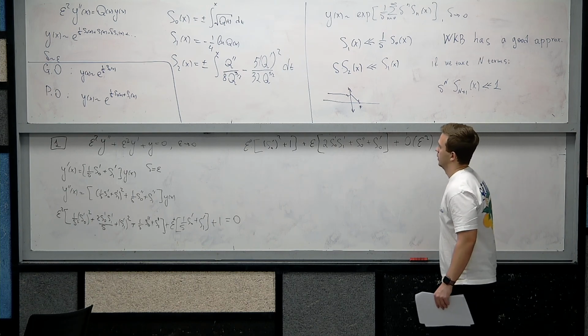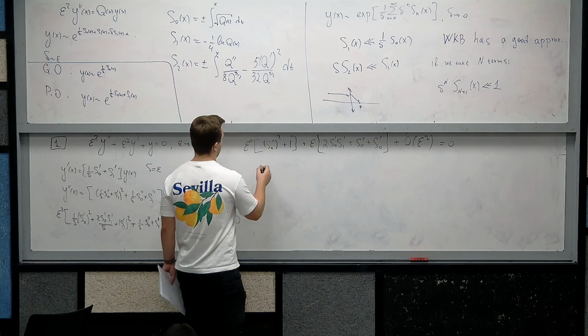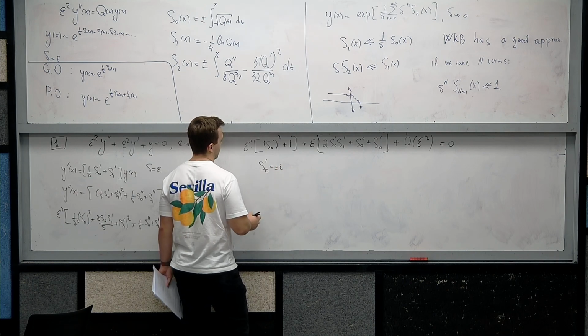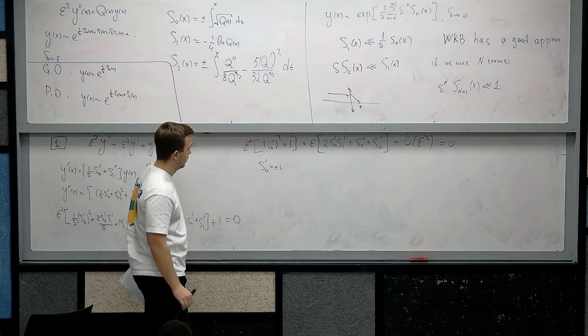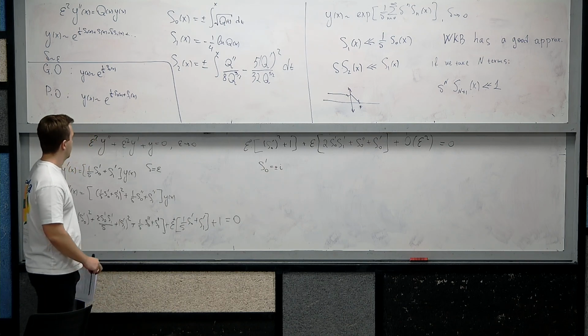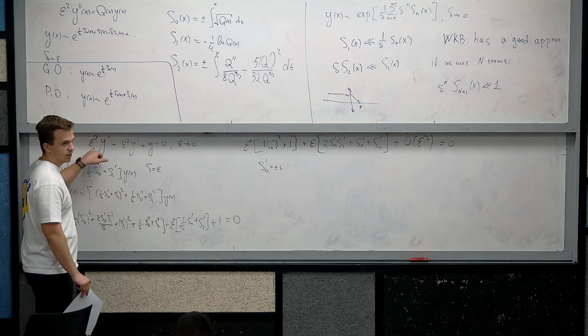Now we have to solve two equations. The first one is S naught prime equals plus minus i. In the WKB solutions, we always say that delta is equal to epsilon. When here you have epsilon squared, then delta is epsilon.